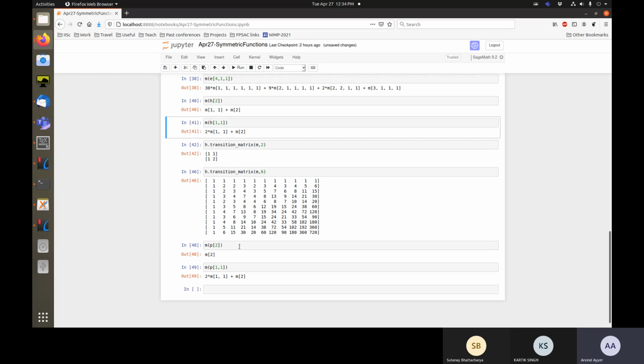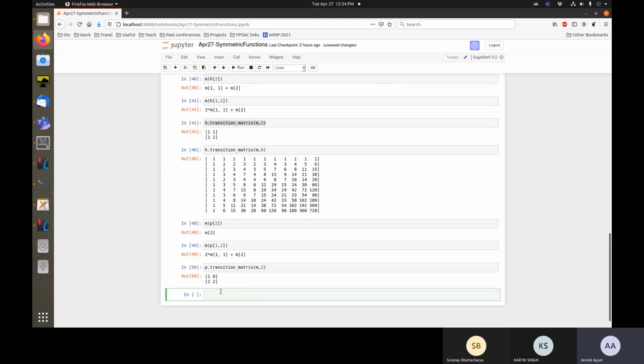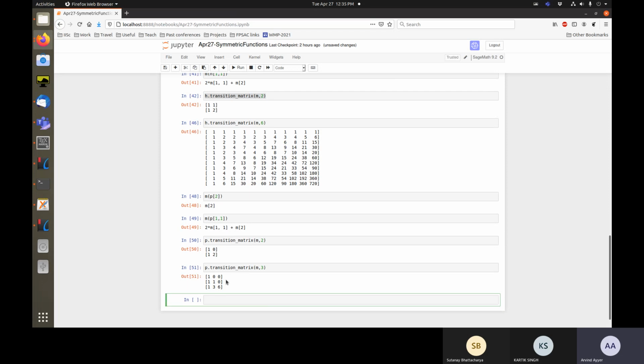So if I expand P in the M basis, we get this matrix, and we can again go larger. In 3, and 4, and 5, and so on.